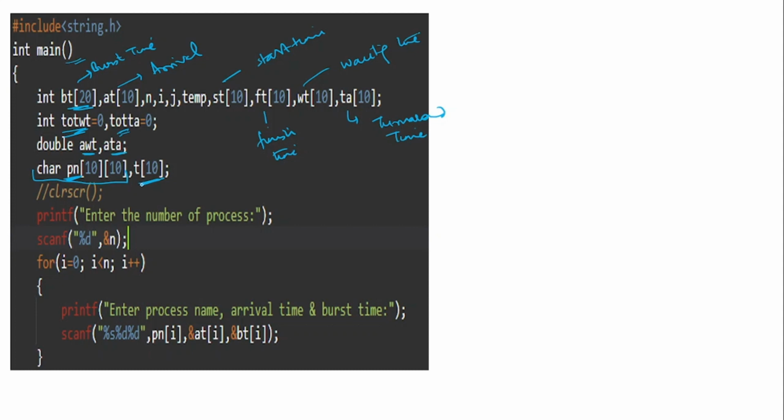Now exactly how we'll proceed? First we'll input the number of processes. So these are the normal input statements. Here the number of processes is taken. Here the process name, arrival time and burst time of all the processes are taken.